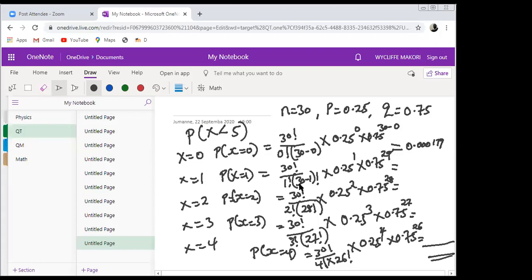Then we multiply by 0.25 power 1, which is the same as 0.25, times 0.75 power 29, so that we can get an answer of 0.00178, power 9.